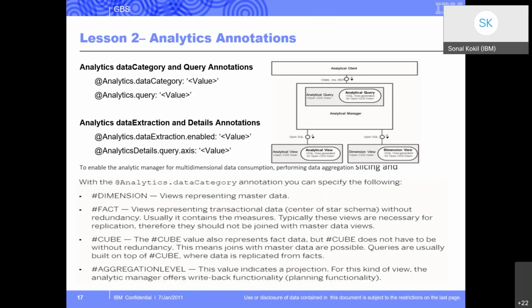When we define any CDS view as an OData service, it can be accessed through your Fiori UI applications, right? But if you have to use a BEx query and you want to expose it to SAC, say, or any other reporting tool which supports BEx, then in that case you have to use these annotations.